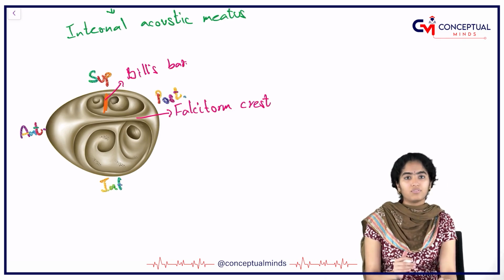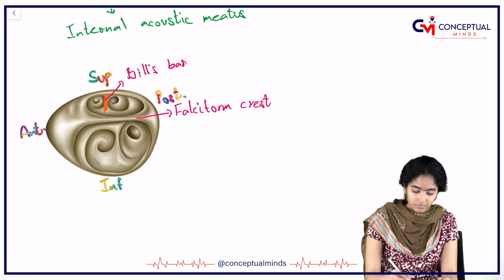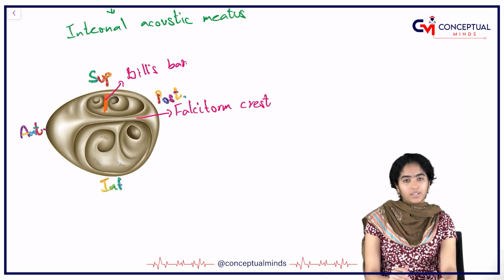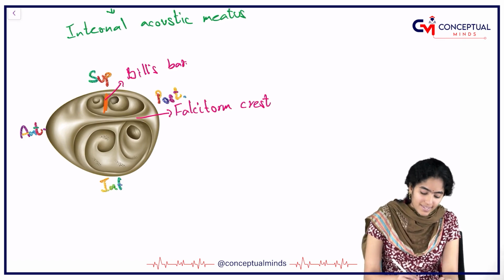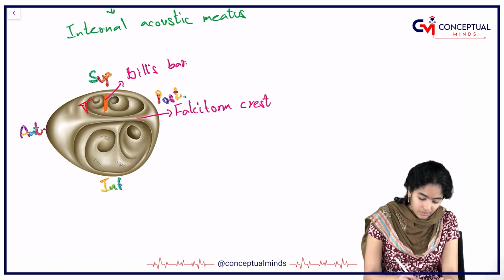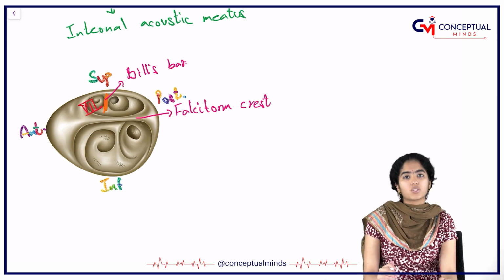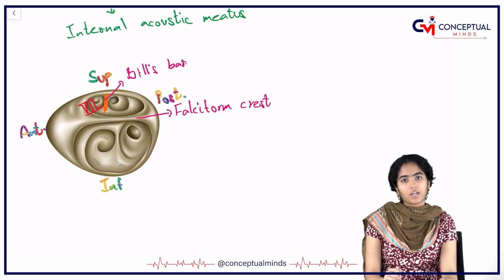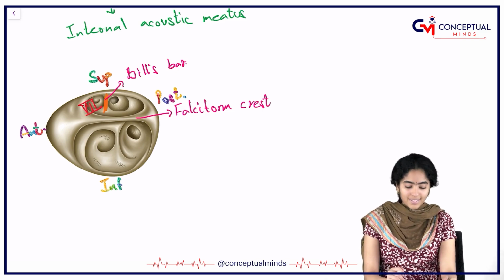Now let us see where which structure is going. Antero-superiorly is the 7th cranial nerve. The facial nerve is also traversing in the internal acoustic meatus. How do you remember this?